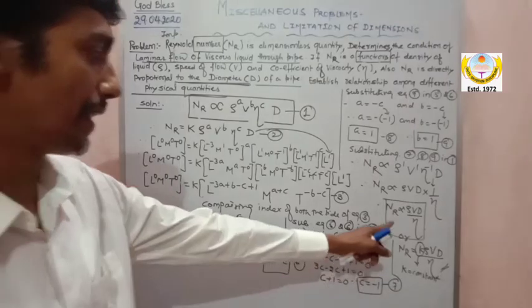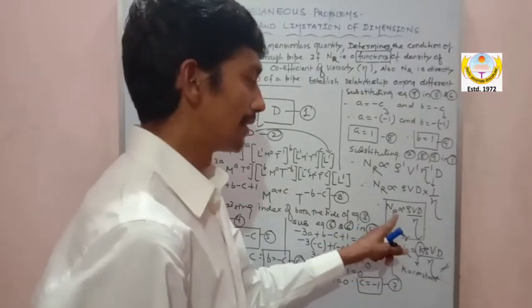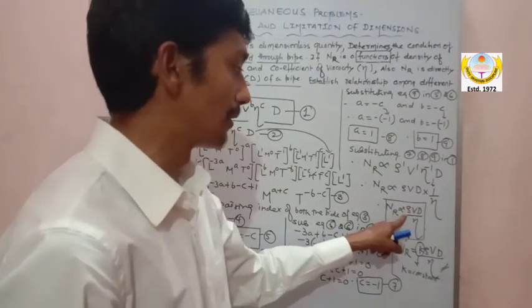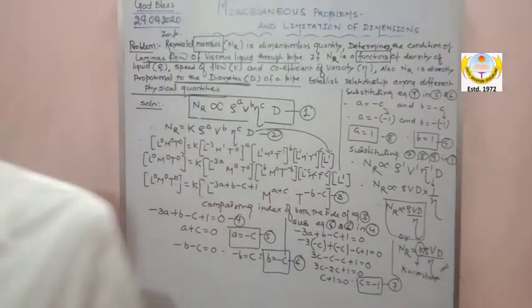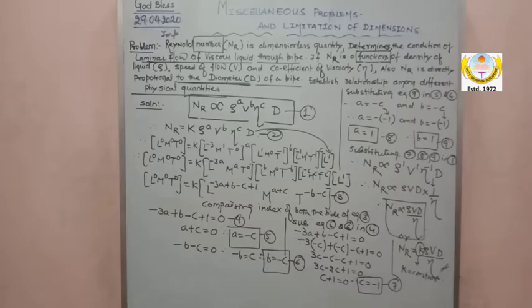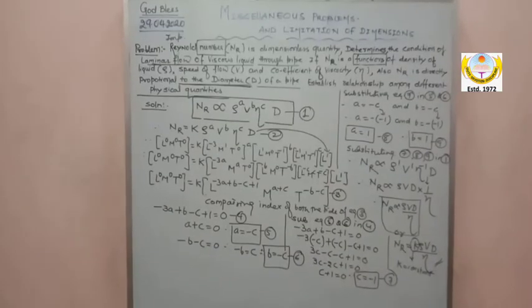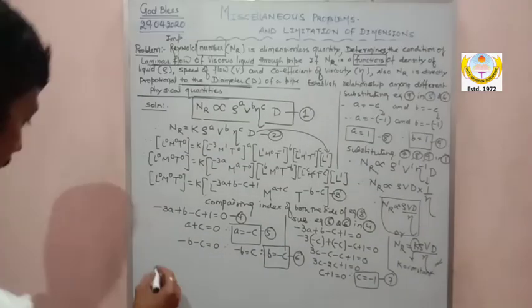So now, my dear, here I can draw the conclusions. I can draw the conclusion here that Reynolds number is directly proportional to rho. Am I clear?